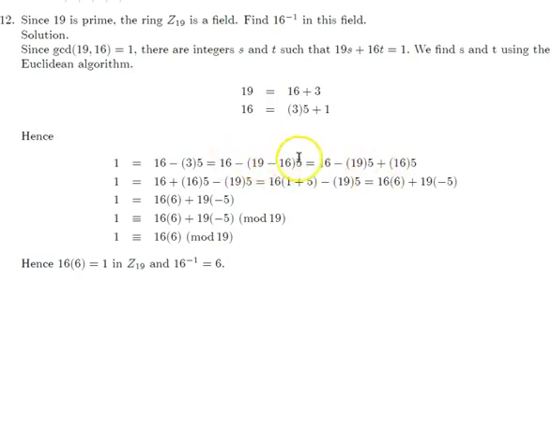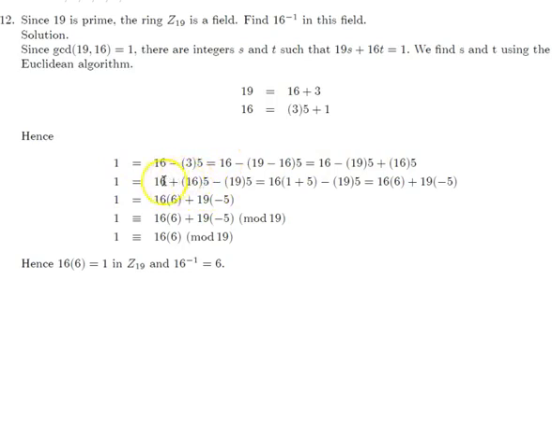plus 16 times 5. We keep 16 and 19 as factors. Then collect how many 16s we have. We can write 1 this way from here.